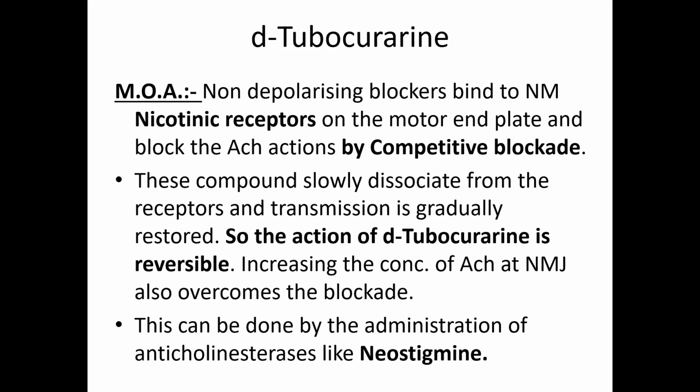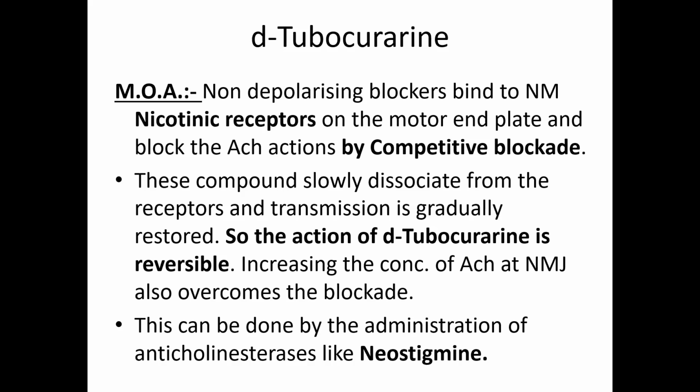It binds to the NM nicotinic receptors on the motor end plate and blocks the actions of acetylcholine by competitive blockade. It slowly dissociates from the receptor, and the transmission is gradually restored. So the action of D-tubocurarine is reversible.